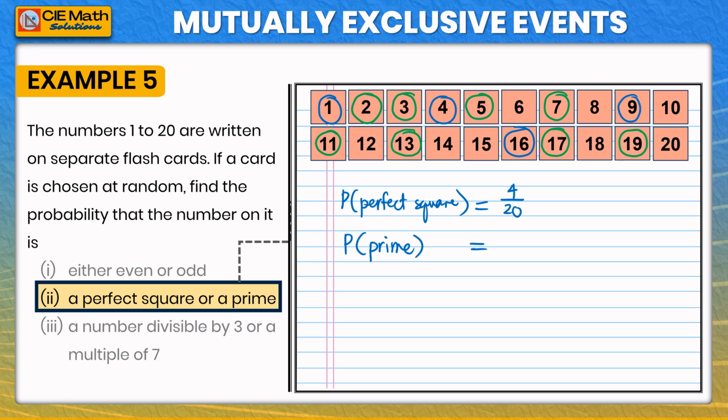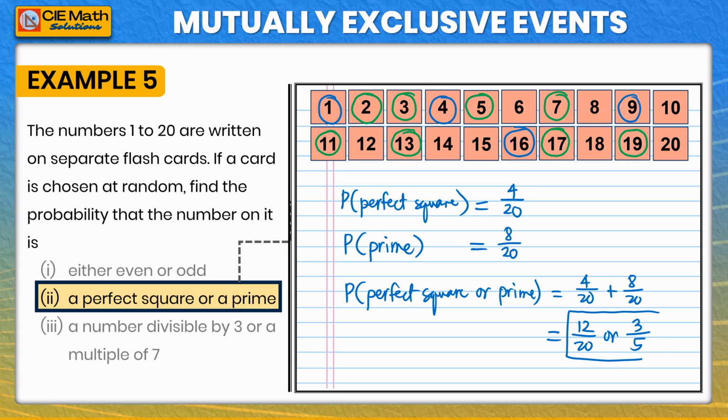There are only 8 prime numbers. So 8 over 20. So the probability of a perfect square or prime will then be 4 over 20 plus 8 over 20, which gives us 12 over 20, or in simplest form, 3 over 5.